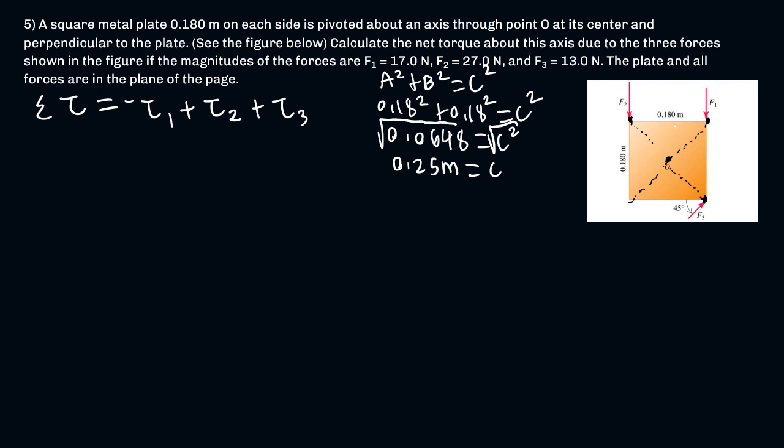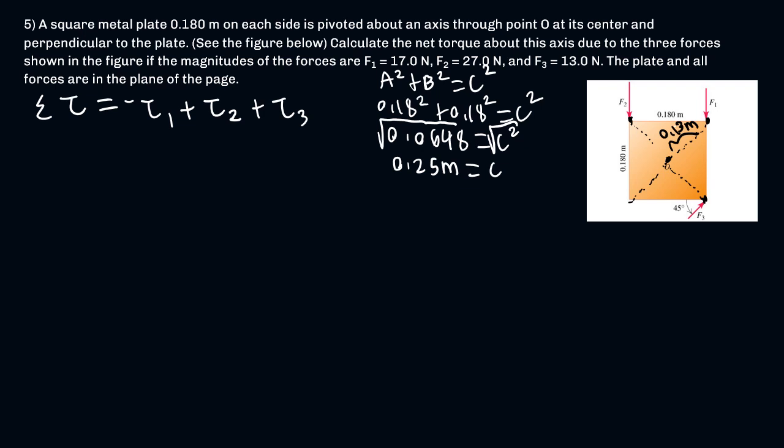I'm going to round it off as just 0.13. So I'm going to show this on the diagram here. The distance here is going to be 0.13 meters. So that's just the 0.25 divided by 2 again. That's where that 0.13 comes from. Ends up being 0.125, but I'll just round off to 0.13 meters.